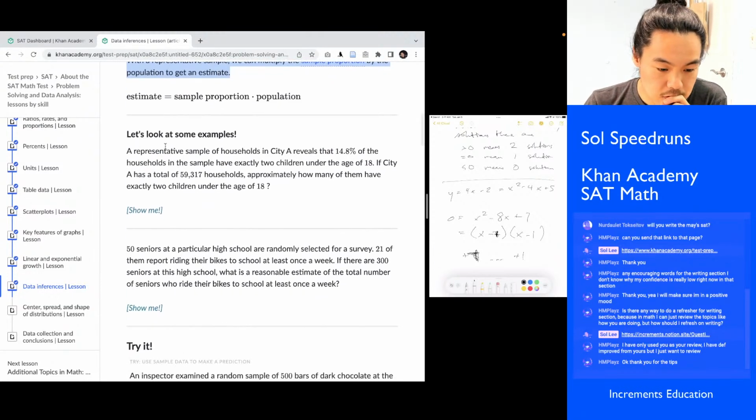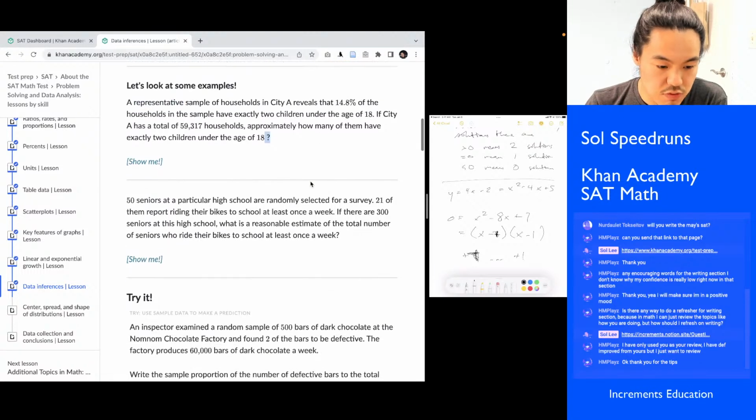So if I say 14% of the house, it's just a ratios question.